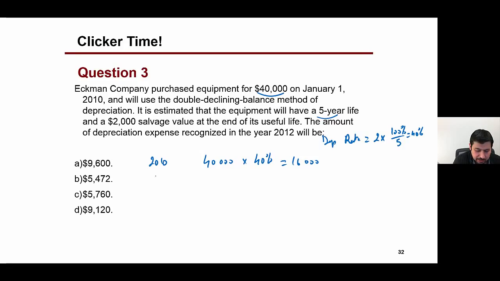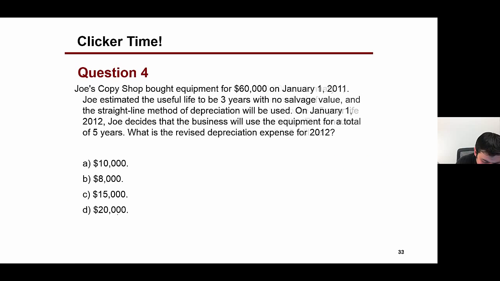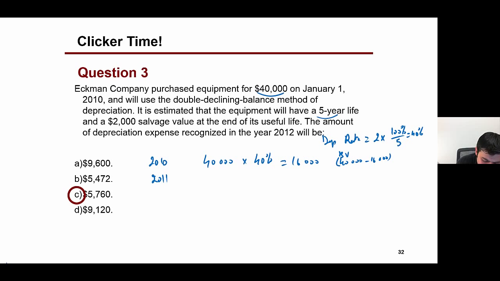End of 2010. End of 2011, we start with, and here the book value becomes 40,000 minus 16,000, and that would be equal to 24,000. So here 24,000 is the new book value. This is the same as here. Once again, we multiply it by 40%.